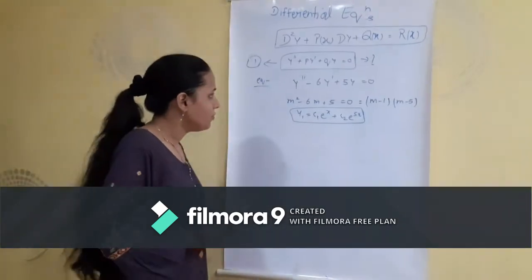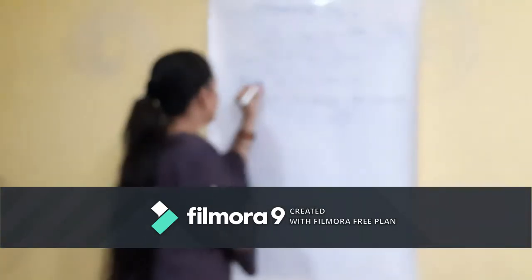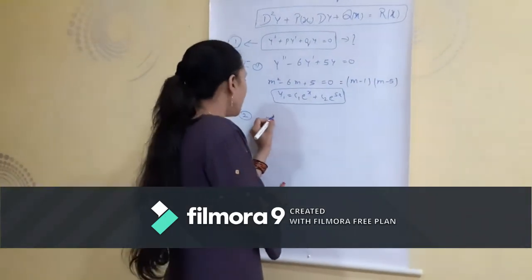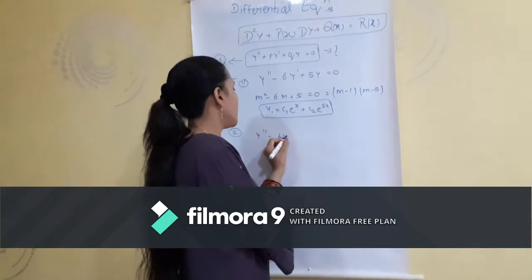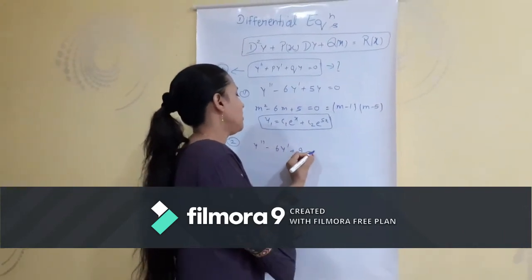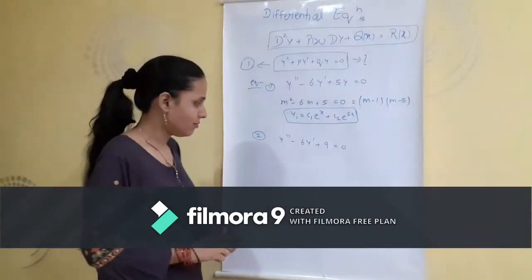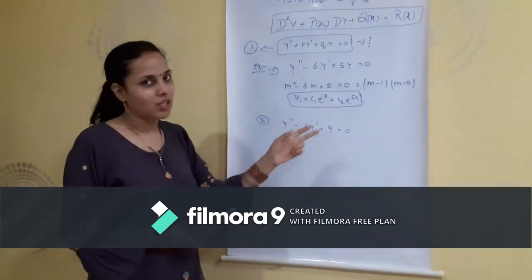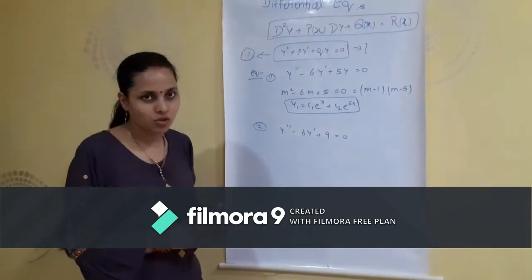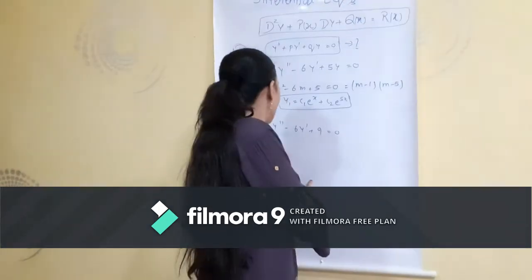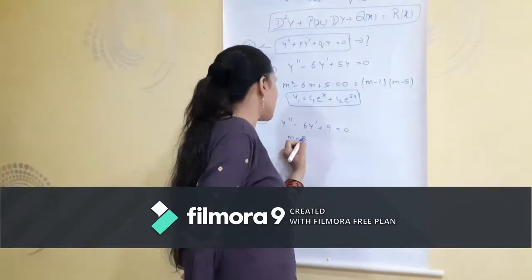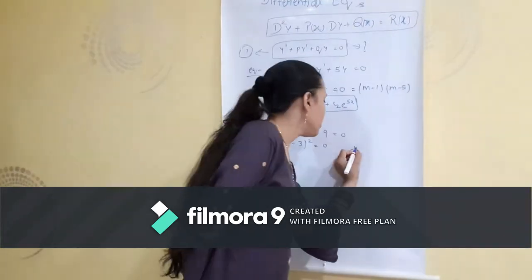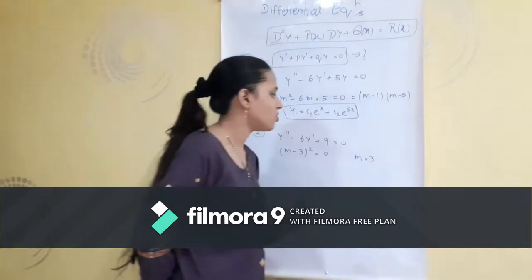Okay. Then second, I will give an example of a repeated real root: y double dash minus 6y dash plus 9y equal to 0. Here clearly we can see that p squared minus 4q is equal to 0. Then we can write (m minus 3) whole squared is equal to 0. So we have only m1, which is equal to 3.